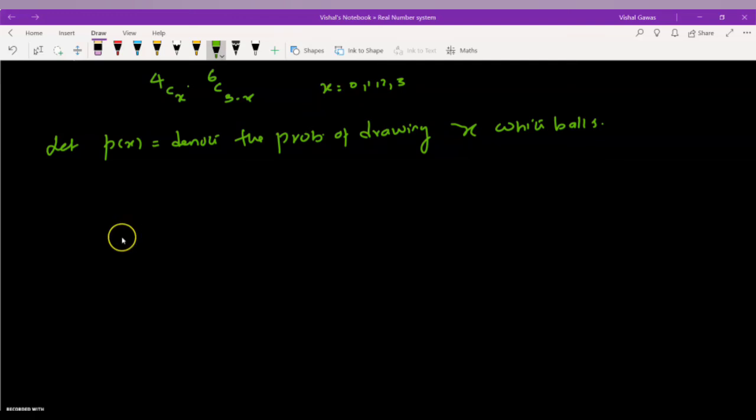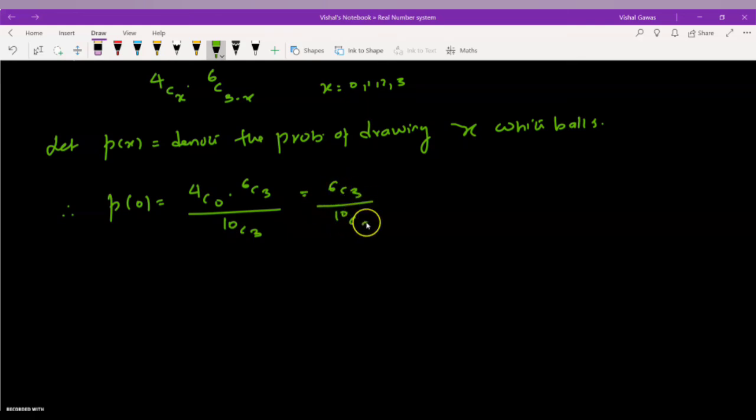Therefore, P of 0, no white balls, that's 4C0 and all three red, so 6C3 over 10C3, which comes out to be 5 by 30.